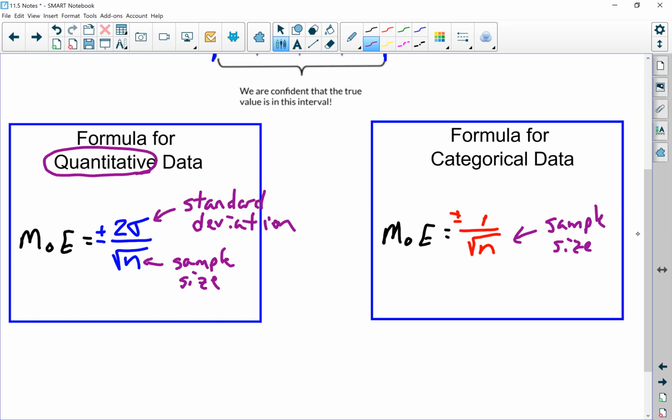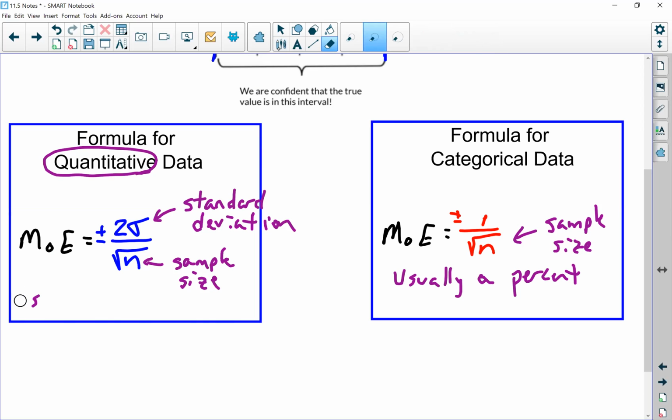And the formula for categorical data is usually a percent. And this one is usually a number. And you'll see as we get into a couple of examples. All right.